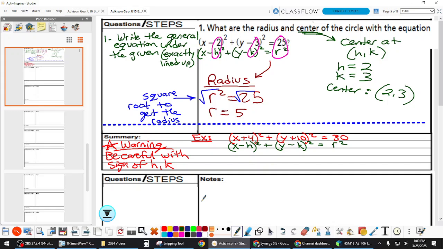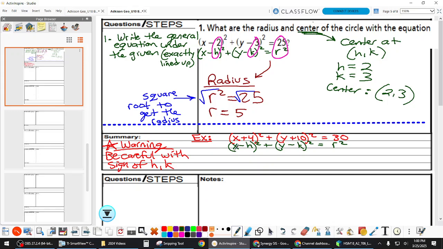So what is h? Negative 4. What's k? Negative 10, right? So it's the opposite of what you see. If it says plus 4, it's actually negative 4. Up here it said minus 2, and it was actually positive 2.